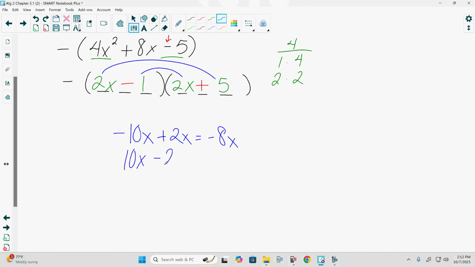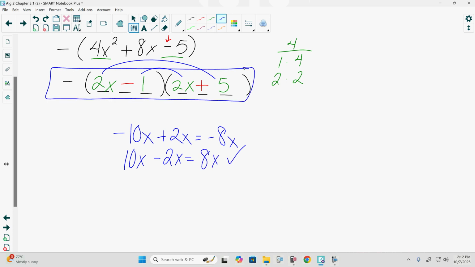Negative 1 times 2x is negative 2x, giving us positive 8x. We'd still need the negative included in our answer. So we'd have our negative times 2x minus 1 times 2x plus 5. Does the first term being negative really change anything? No. We just had to factor it out and then treat it the same way we did.